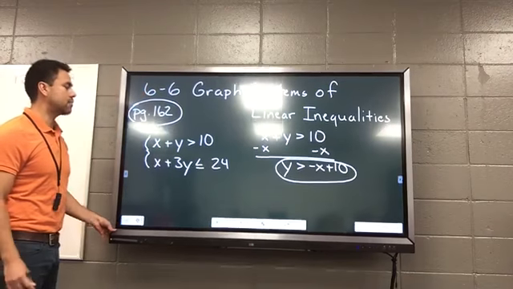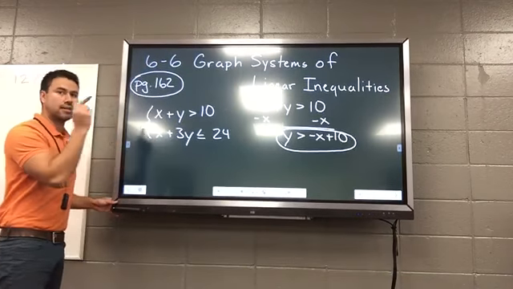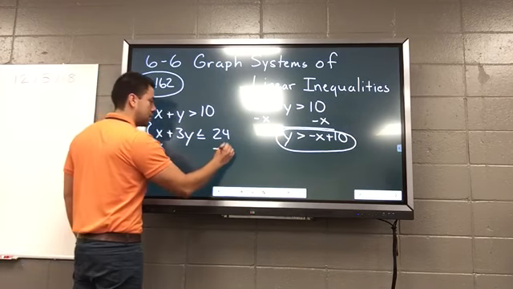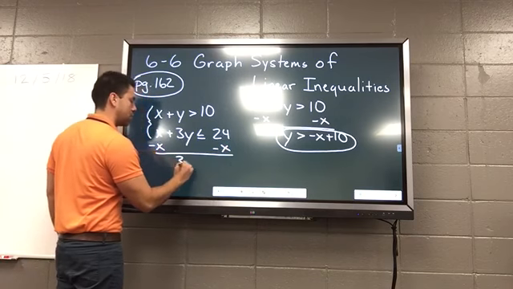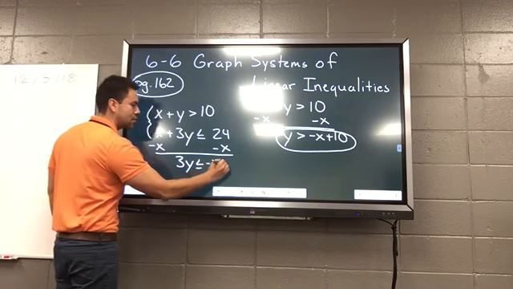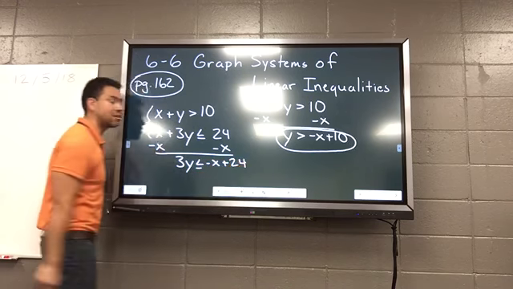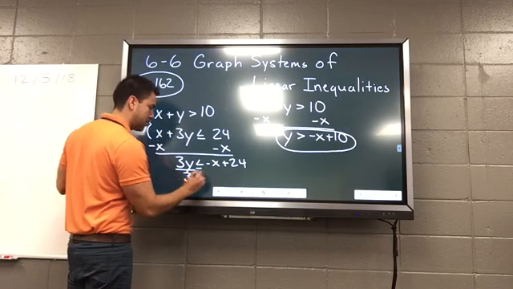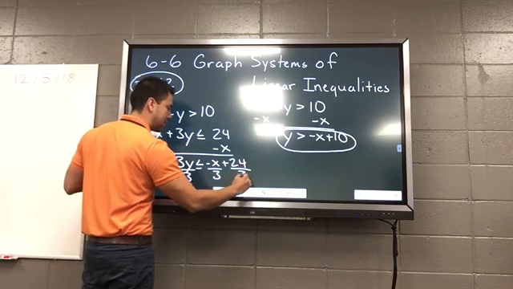Okay, how do I get the second equation into slope-intercept form? Subtract x again in this one. And you're going to be left with 3y is less than or equal to negative x plus 24. But I still have that 3 on both sides. So divide by 3. And really you're dividing everything by 3.